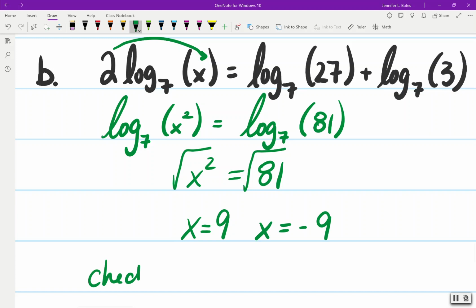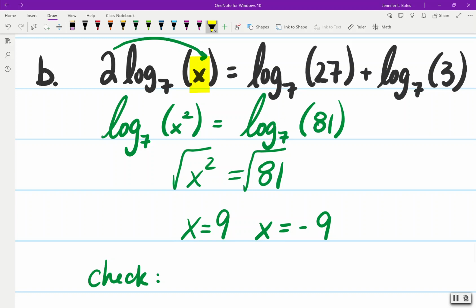And the last thing I need to do is check. So when I check, I'm going to plug these in for the arguments and make sure I'm not 0 and I'm not a negative number. So the only argument to plug something in is right here. If I put a 9 in there, the argument is now 9. 9 is not 0, and 9 is not negative.